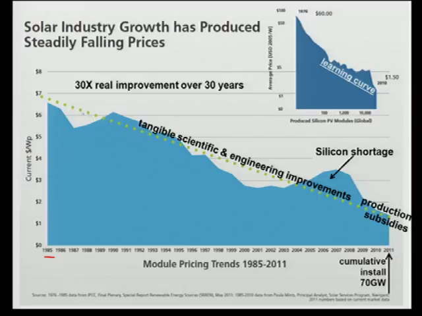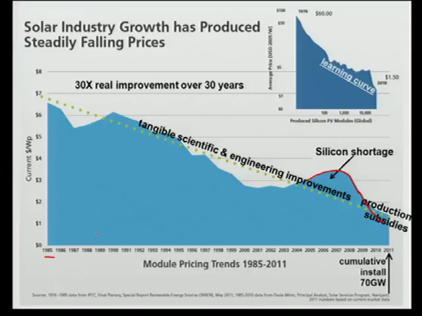And you go down and you see the price has been steadily dropping over the past 30 years. There was a little blip a few years ago where the price went up. There was an actual silicon shortage briefly, and the price went up, but the silicon shortage is over, and now the price is coming down. It's down below the trend line, and actually it's well below $1 a watt, which is rather amazing.